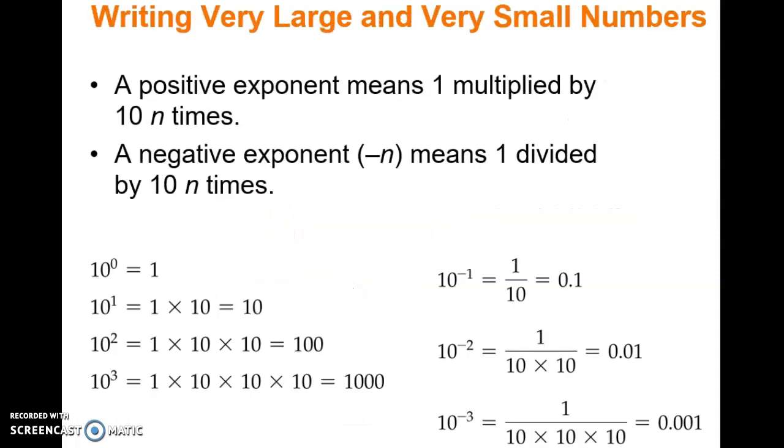A positive exponent means that you're going to have a number that's greater than 1, and a negative exponent means that you're going to have a number that is less than 1. So if you see here, 10 to the first equals 10, so we have a number greater than 1 here. And 10 to the negative 1 means you have a number less than 1. That's 0.1.